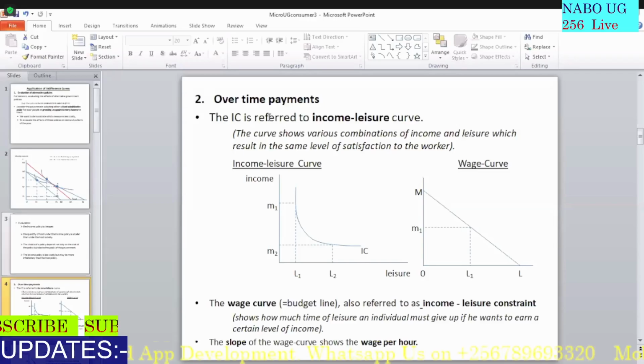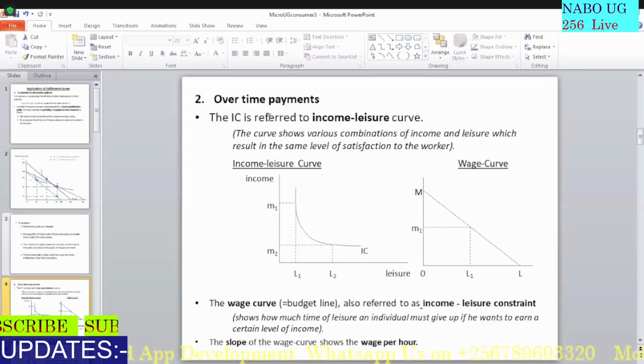Now, if the employer wants more hours of work, he must offer a higher wage. Like I said, the slope of the wage curve shows the wage per hour. So the steeper the wage curve, the higher the wage. We want to show that this employer is giving him a higher wage.